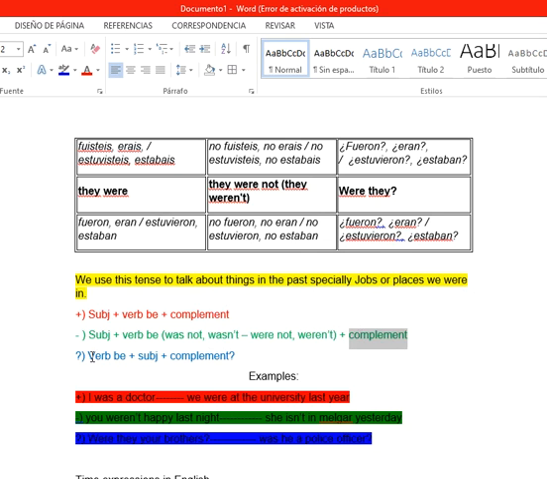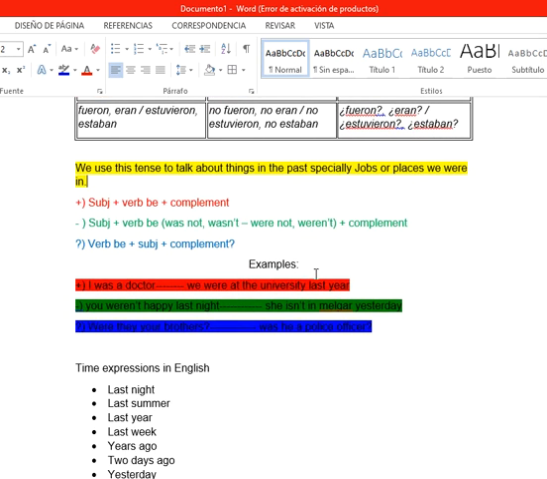And to create an interrogative sentence, the first thing we need is a verb to be, which is going to be our auxiliary, then a subject, and of course a complement at the end. Take this into account. We normally use past with verb to be to talk about jobs or places we were in the past, of course.